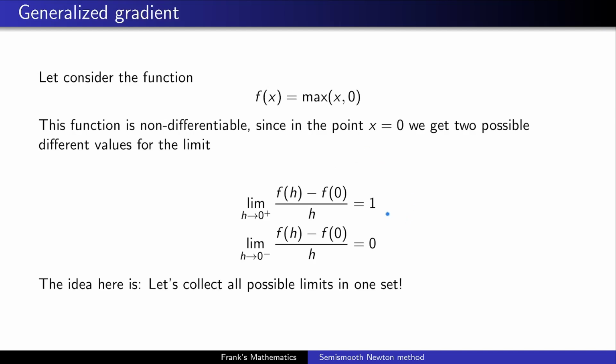The limit is 1 if you go from the right side, or it is 0 if you approach 0 from the left side. So how do we deal with this issue that we have 2 different possible limits? Well, the idea is I cannot decide which is the correct limit, so let's put them all into one set.